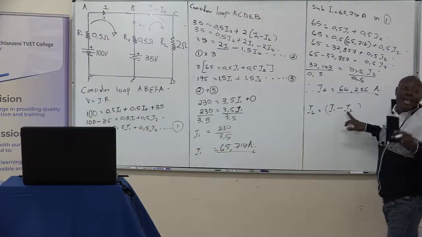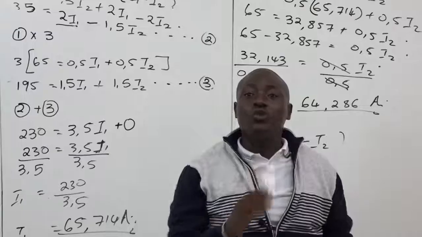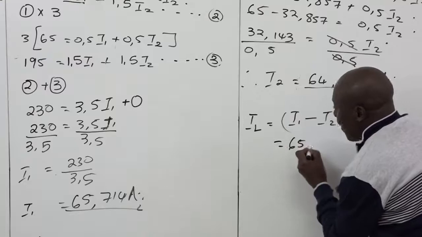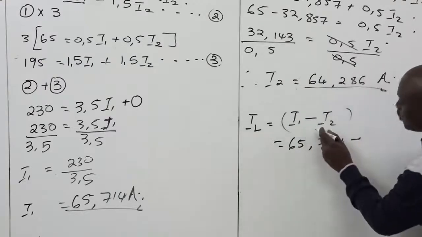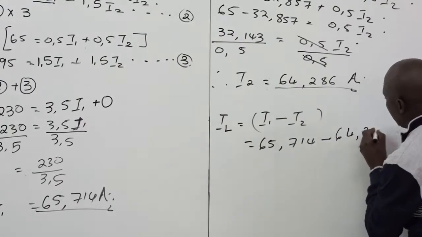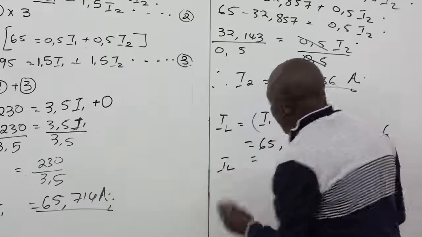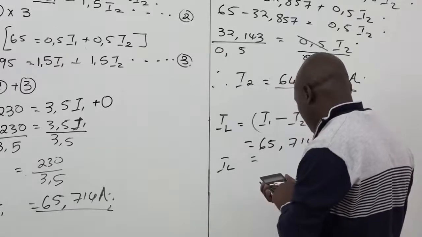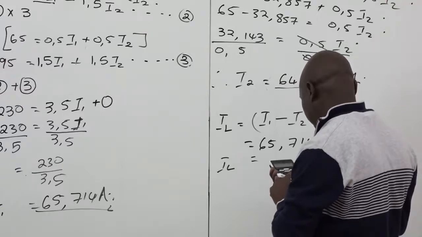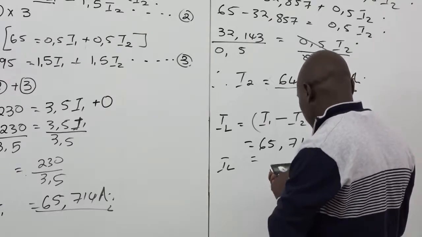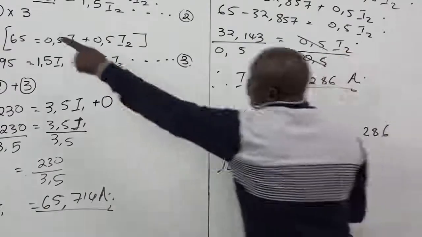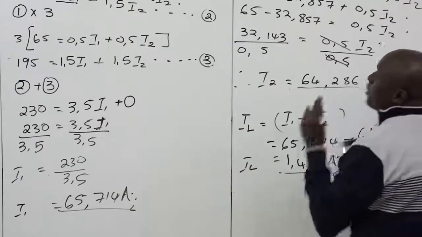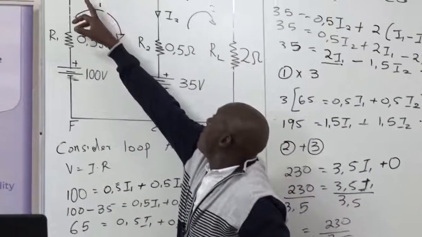I do have the value of I1 and the value of I2, so it is just a matter of making a substitution: 65.714 minus 64.286 equals, and the value that is going to pass through our load there is 1.428 amperes.